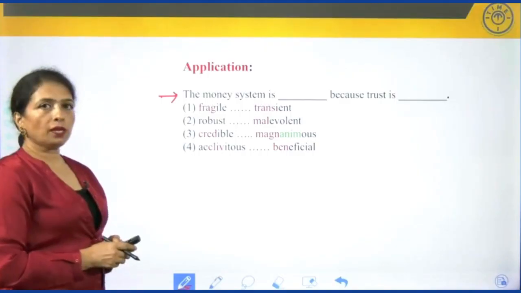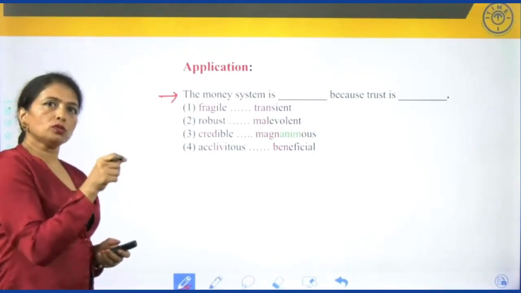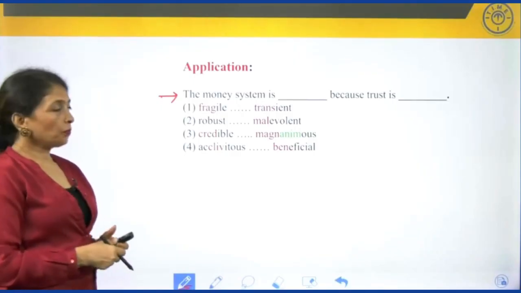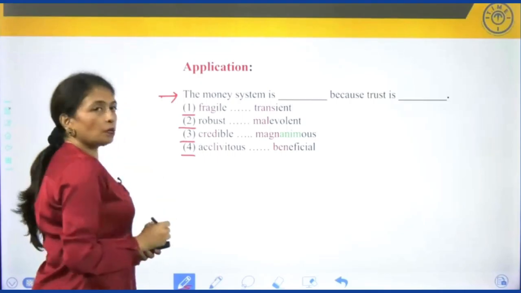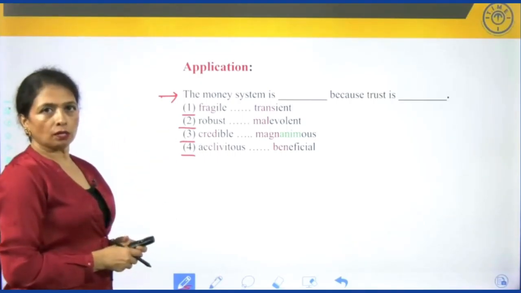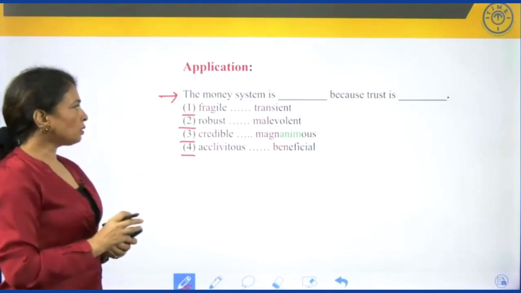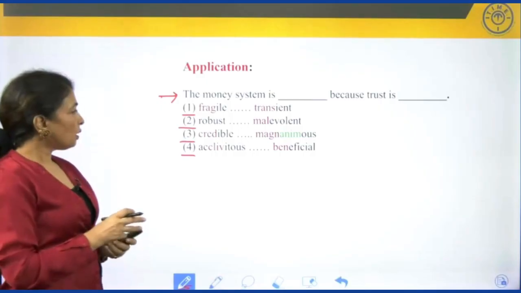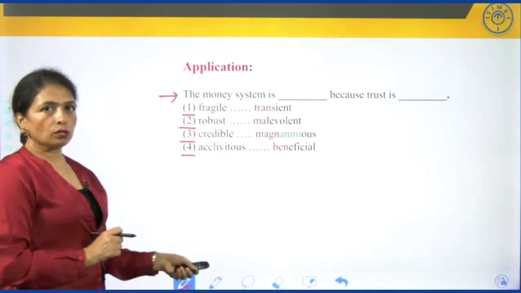The best way to understand what these words mean is to also focus on the root words that are contained in them. Each of these options has a pair of words, and each has a root word. So: fragile, transient, robust, malevolent, credible, magnanimous, acclivitous, and beneficial. These are the words in all the four choices.